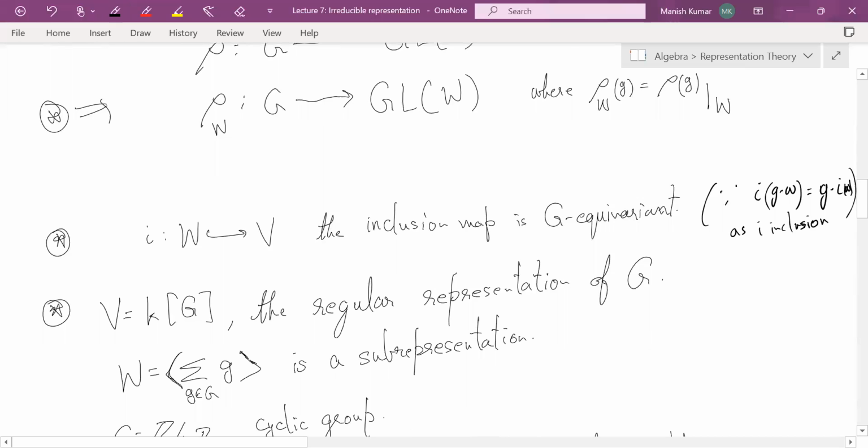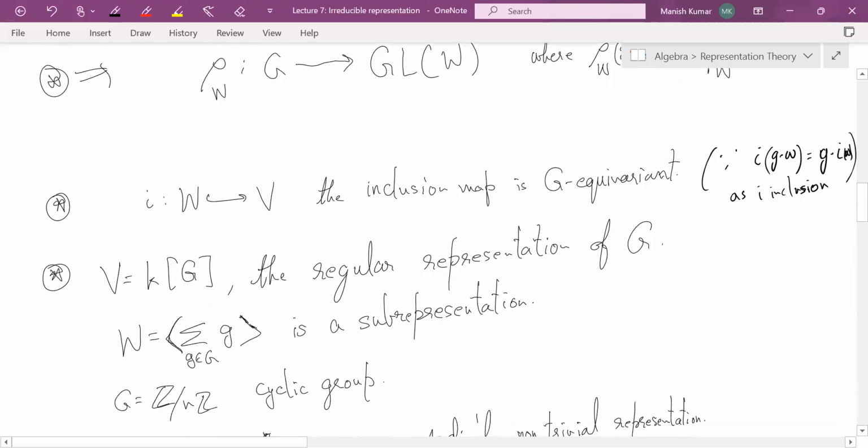Now this was the regular representation, and W is a sub-representation, a trivial representation.